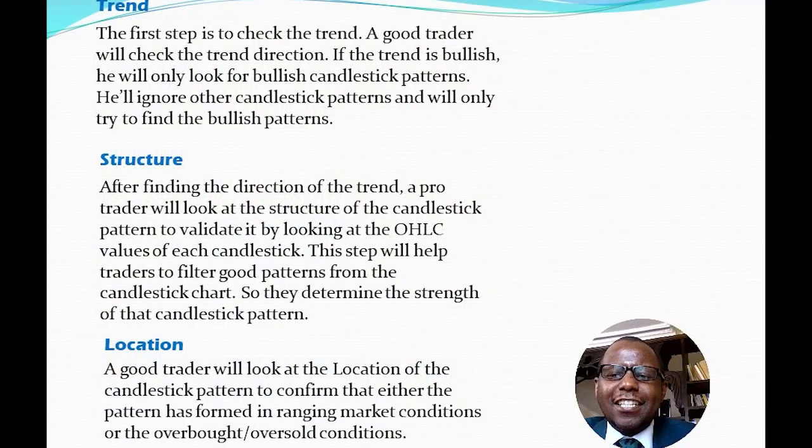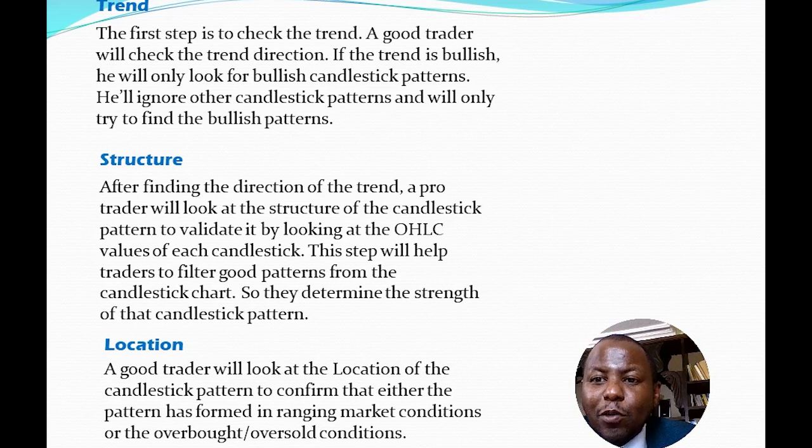We have mentioned that there's an issue of trend. The first step is to check the trend. The first step when you look at a chart, you're looking at the trend. A good trader will check the trend direction.